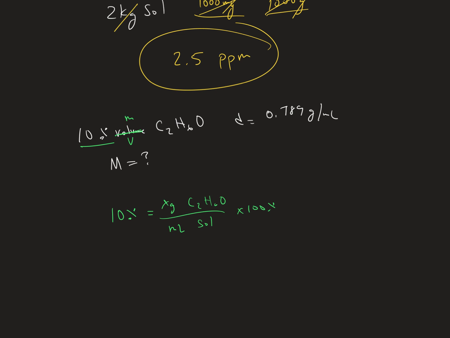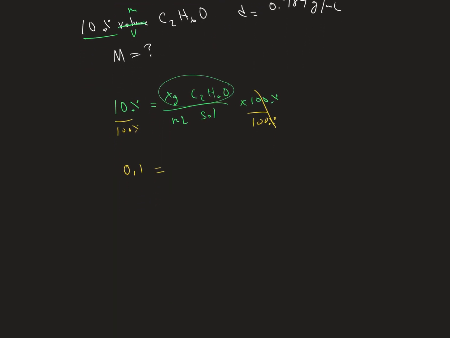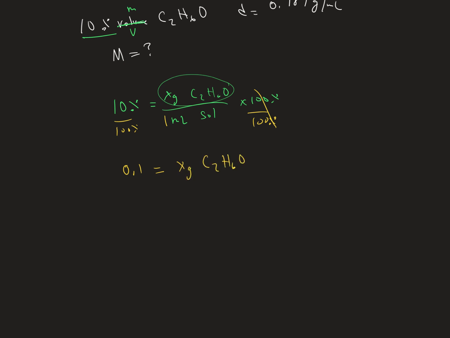So we can figure out the mass by dividing both sides by 100%. So we got 0.1 equals X grams of C2H6O per 1 milliliter of solution.